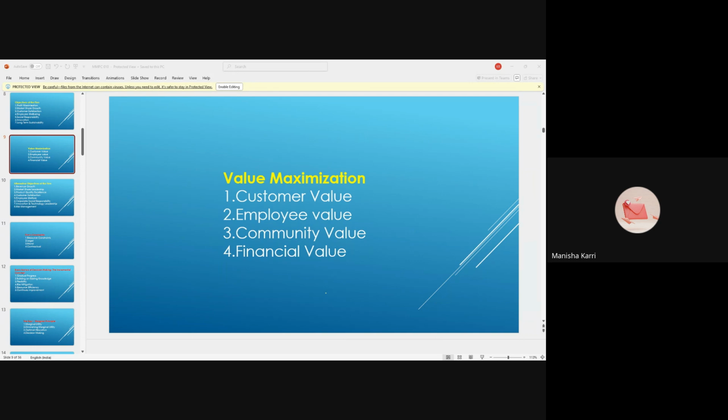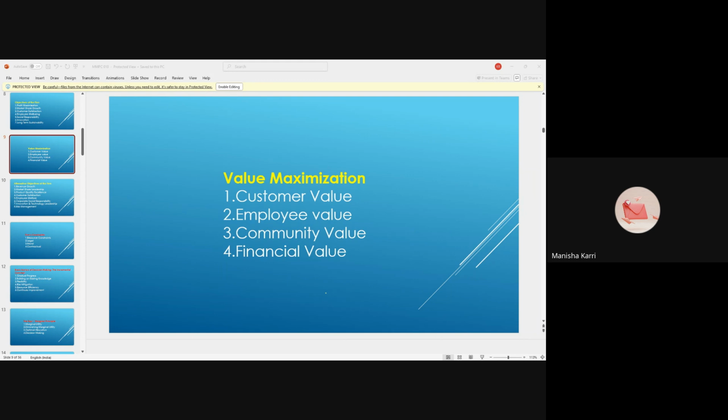And coming to the community value, the bakery contributes to the community by sourcing ingredients locally, reducing its carbon footprint, and supporting local charities and events. This builds a positive reputation and strengthens the community ties within the local market and everywhere.